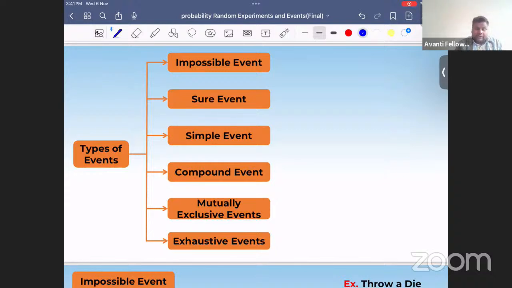Now there comes the sure event. Sure event means it will definitely occur. So if you again throw a dice and somebody asks what is the probability that the number occurring is less than 8, definitely the number which occurs will always be less than 8.